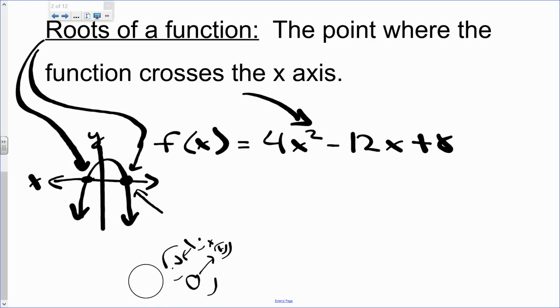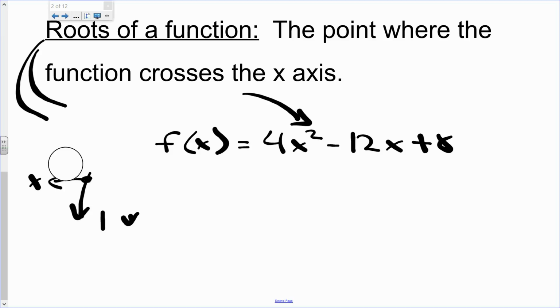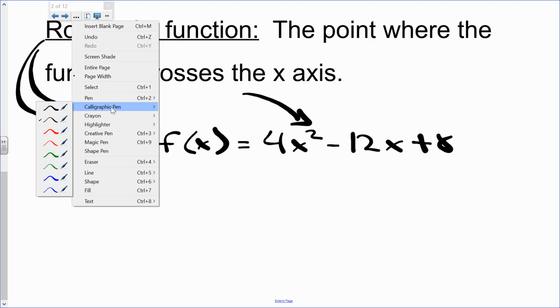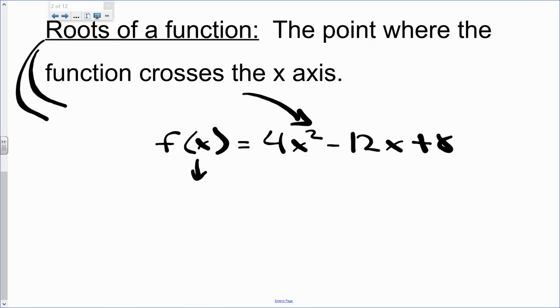So that always involves us making f of x equal to 0. In other words, rewriting the function, setting f of x equal to 0, and solving the equation for x.